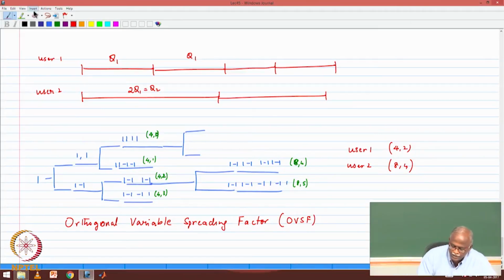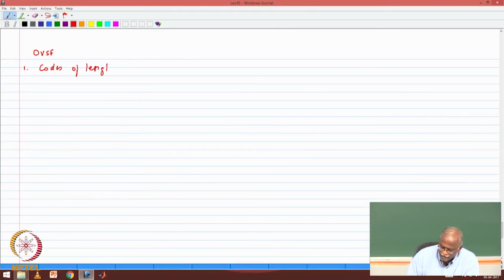So let me quickly give you an introduction. The OVSF concept says that we can use codes of different lengths, and the lengths are constrained to be powers of 2, 2 to the power k, starting from k equal to 2 onwards.